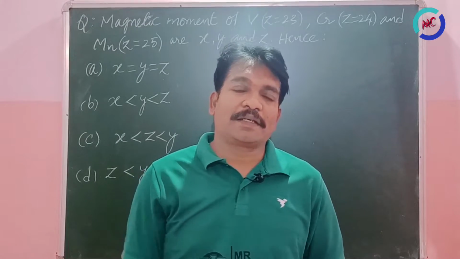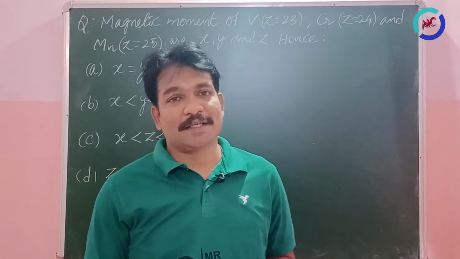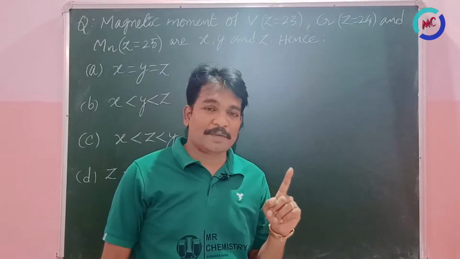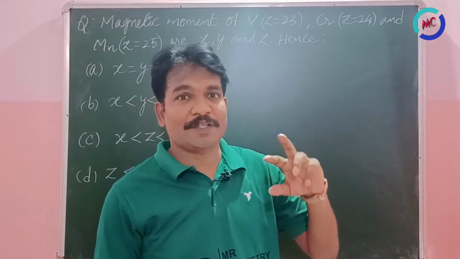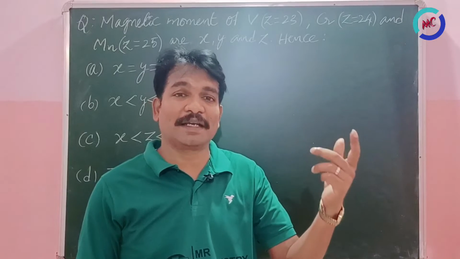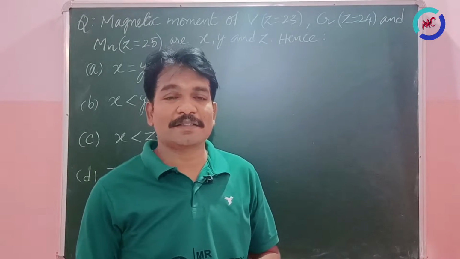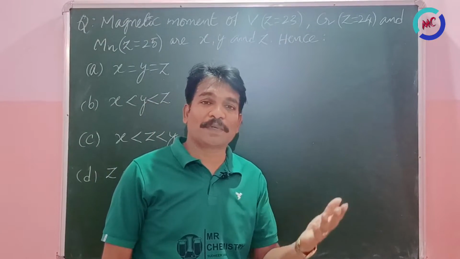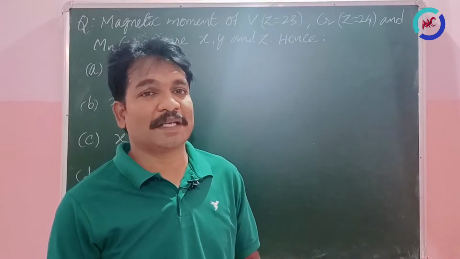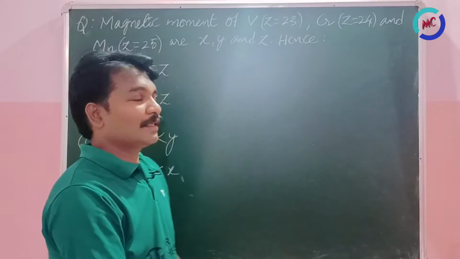The more the number of unpaired electrons, the more will be the magnetic moment. In the previous example we already discussed. Now this is a reverse one. There we discussed 5.9 in the sense 5 unpaired electrons, 4.8 in the sense 4 unpaired electrons, 3.8 in the sense 3 unpaired electrons. Now we are moving in reverse.